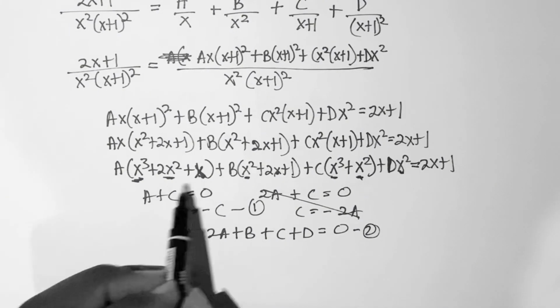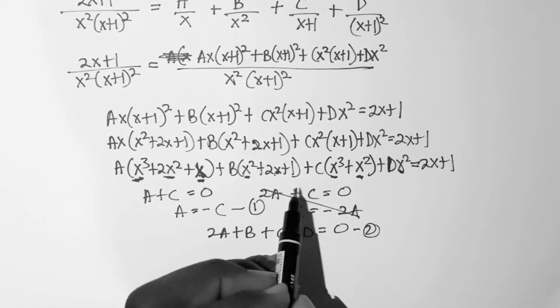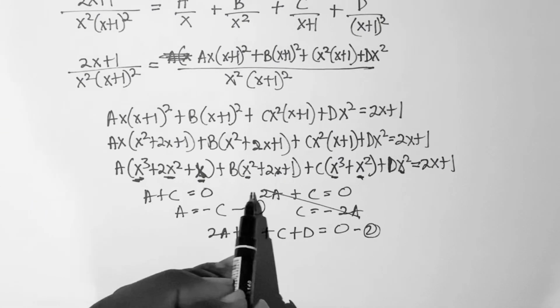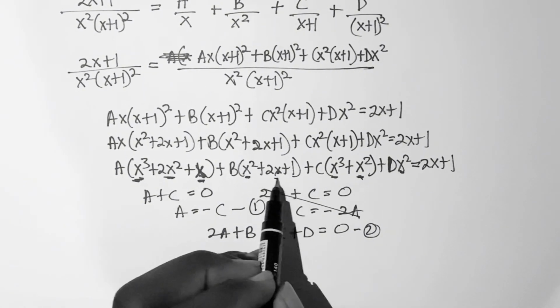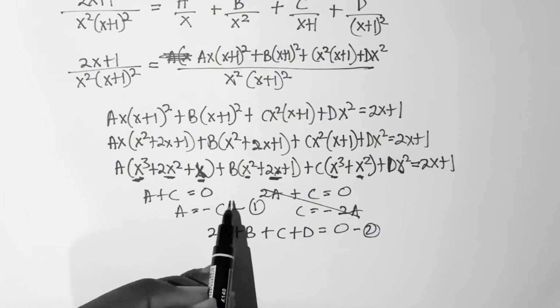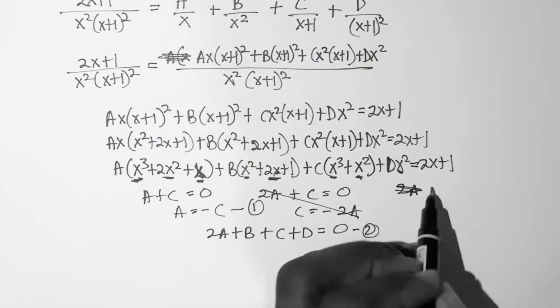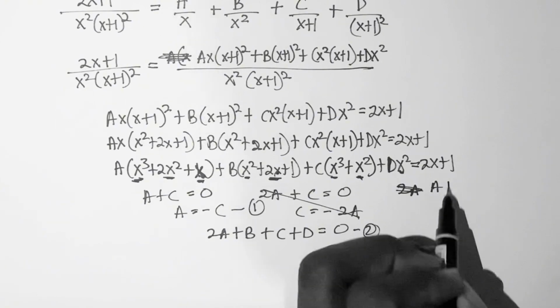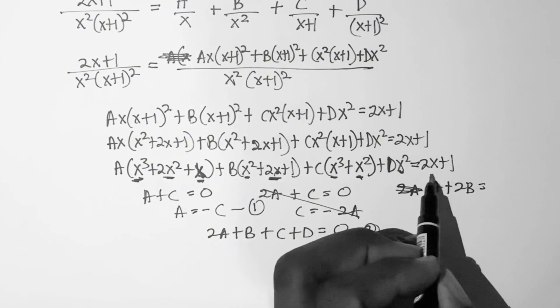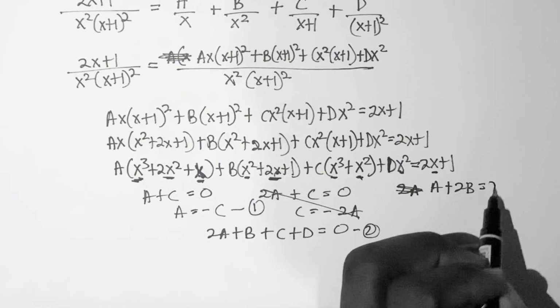If we talk about the x terms, there's an x term here and in no other place, and there's also an x term here. So a plus 2b is equal to the coefficient of the x term here, which is 2.